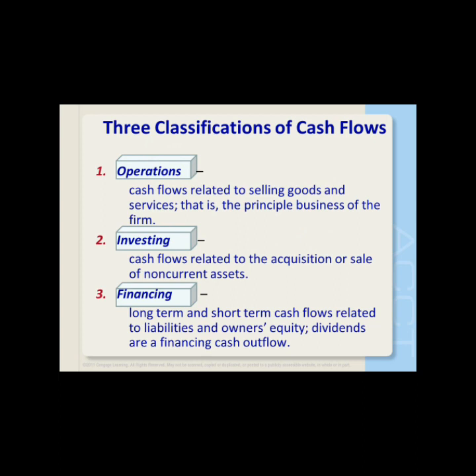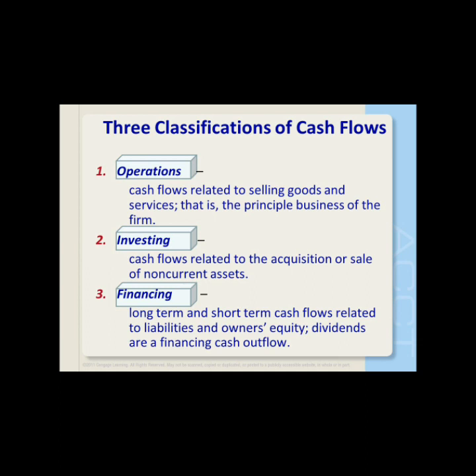So there are three classifications of cash flow activities. First is operation, second is investing, third is financing. Operation is cash flow related to selling goods and services, that is the principal business of the firm.